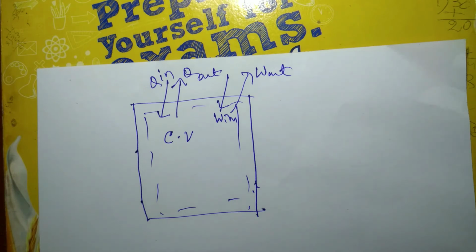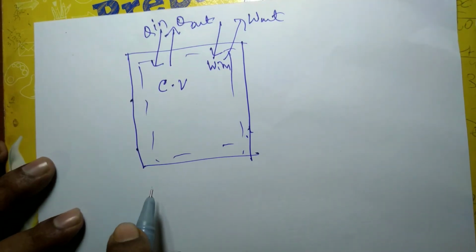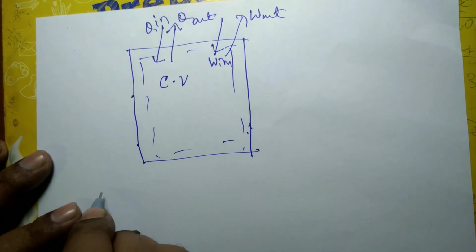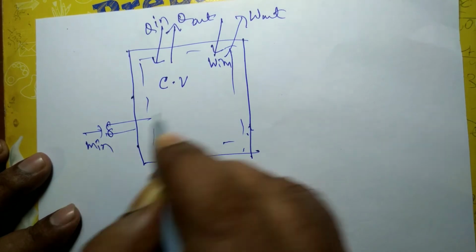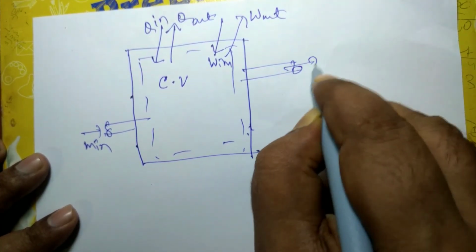So to encompass all those possibilities, to include all those situations, what we can do is we have to take all these things into account while deriving the equation. So suppose इनलेट पे मास आ रहा है m in and आउटलेट पे मास जा रहा है m out.